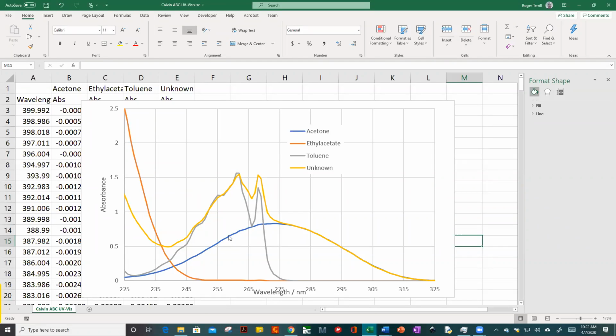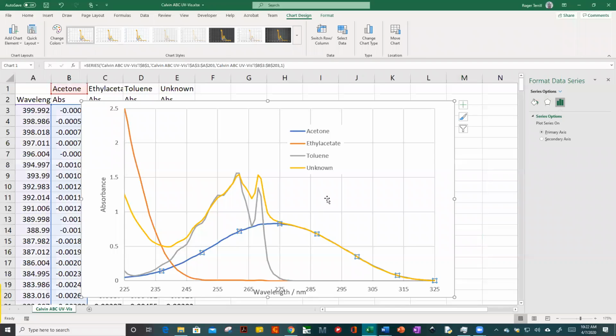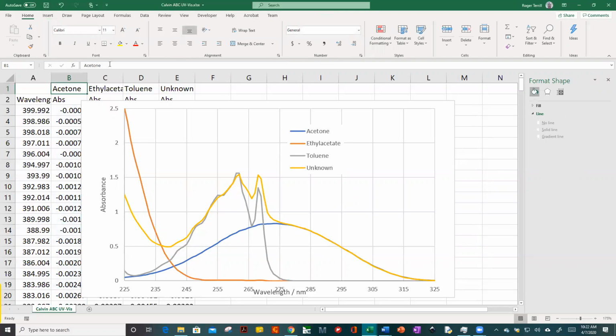So this guy here, this is about 1% acetone. So let me actually change this here and say it's 1% standard. Okay.